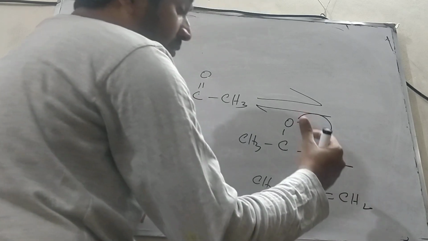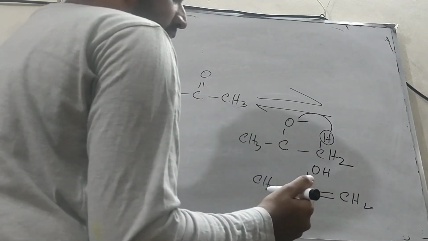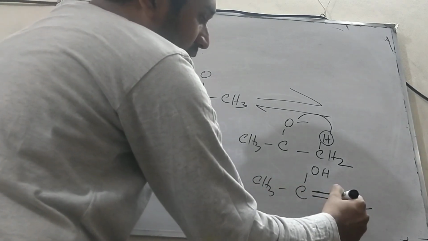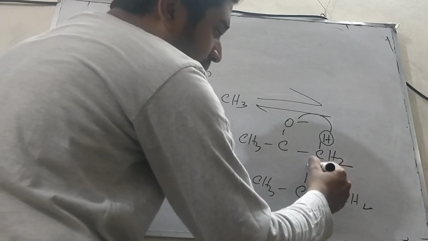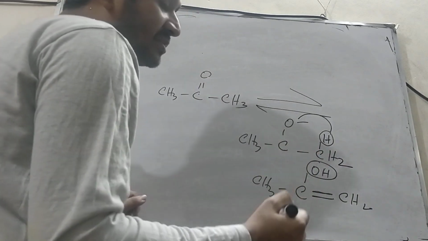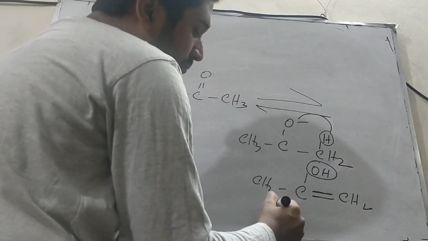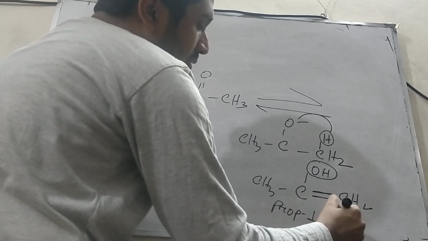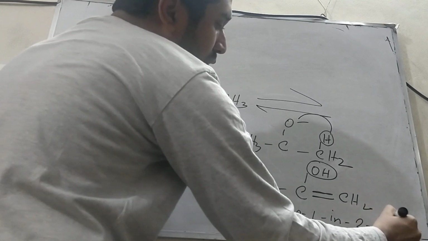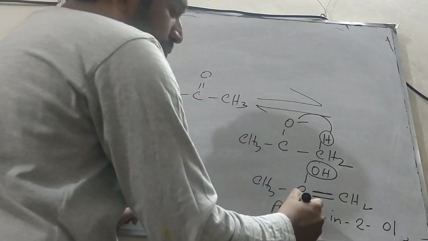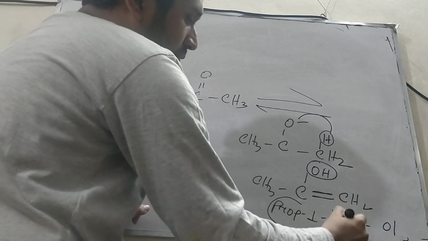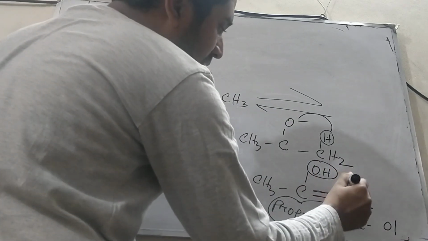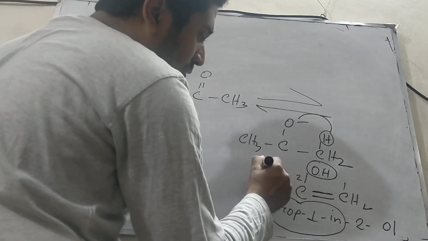And since there is also a lack of a hand on this carbon, that's why a double bond will be created here. And you can easily notice that there is also alkene, meaning a double bond, and there is also alcohol. That's why it will be said propen-2-ol. Propene 1, that's why here is prop-1-ene, and the alcohol is situated in number 2.